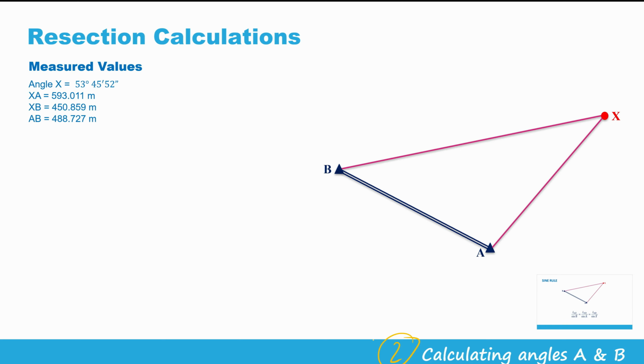The next stage is calculating angles A and B, this angle and this angle. You know that we have angle X from our measurements. This is one of the measured values. So from our measurements, using the total station, we've got angle X, the length of XB, this line, and the length of XA, this line.